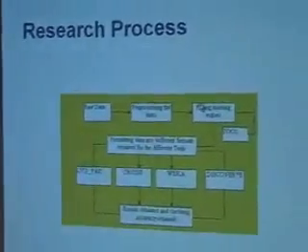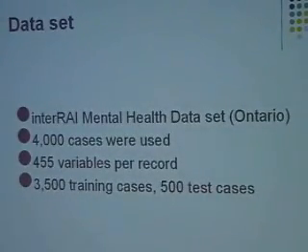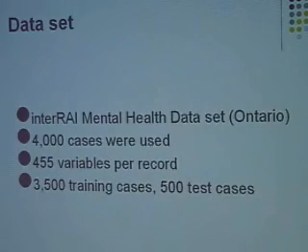Anyway, our process is basically a typical computational process, in the sense of collecting data, pre-processing, filling missing values, and so on. The data set we have is for Ontario. There are 4,000 patient records, each record having 455 attributes.